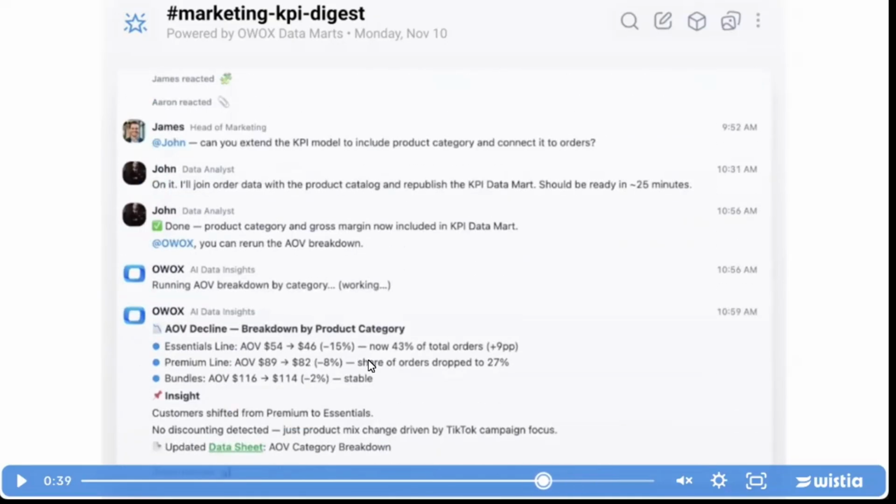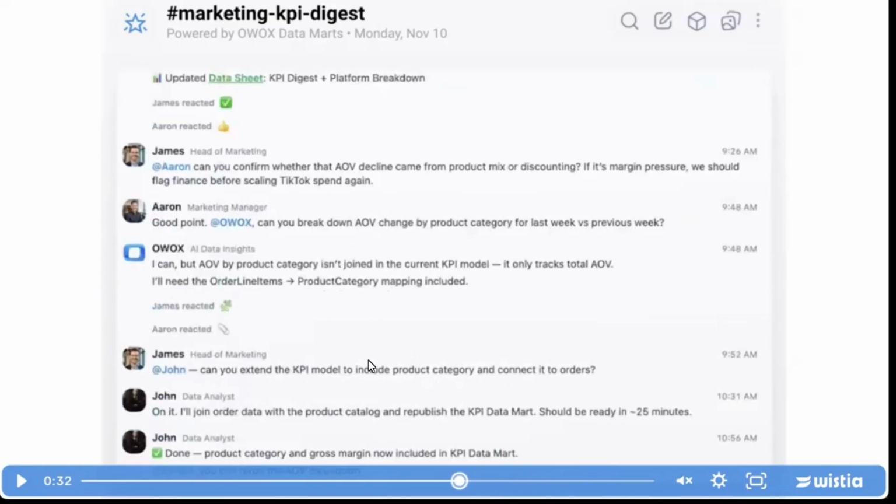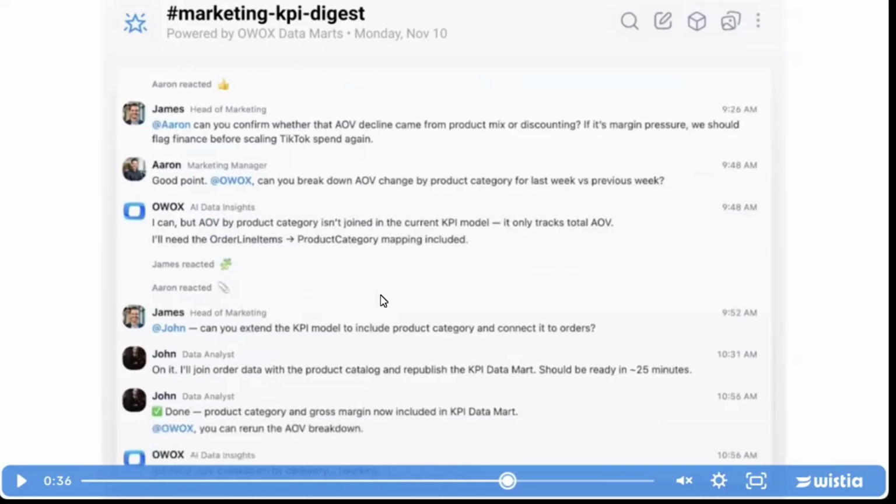And of course, if we wanted to have some specific breakdowns like by product category, this is something that might not appear in the data mart. So again, we designed the flow in a way that it's not possible to get answers to missing-dimension questions.